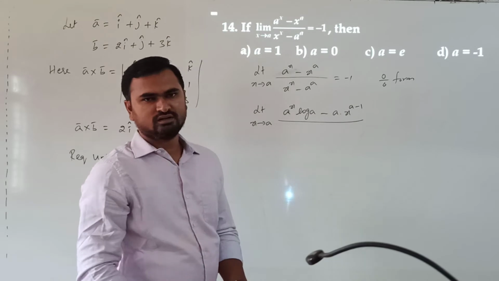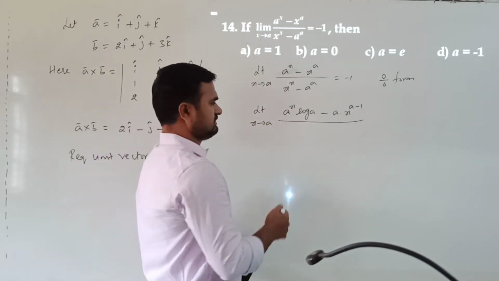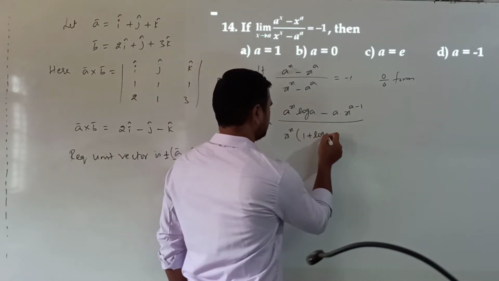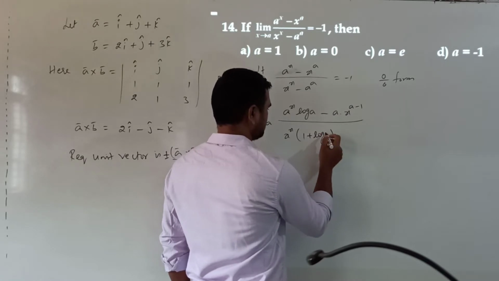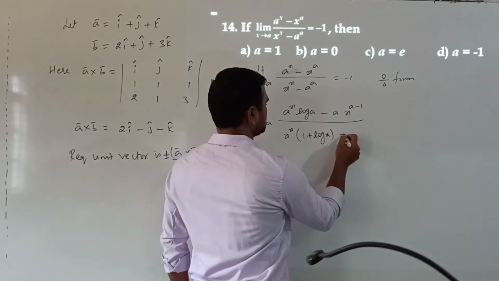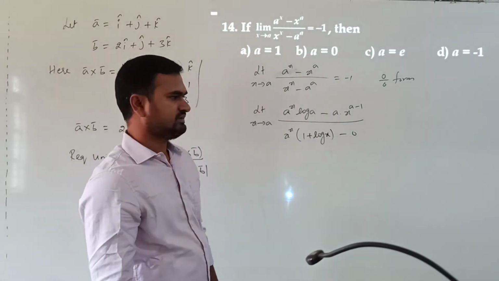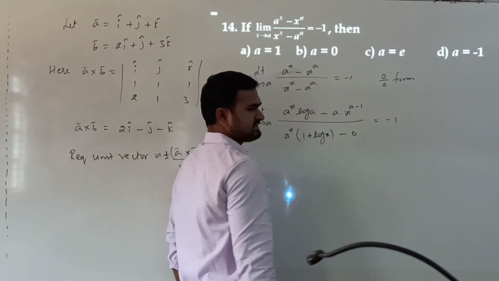Very good. Now in logarithmic differentiation we study the derivative of x power x. So it is x power x into 1 plus log x, minus the derivative of a power a, which is a constant, so the derivative will be 0, is equal to minus 1.